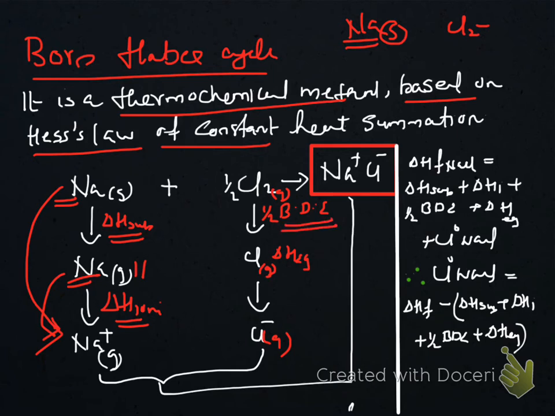When one Cl2 molecule is broken, two chlorine atoms are formed. But we need only one chlorine atom, so only half of the bond dissociation energy is needed.